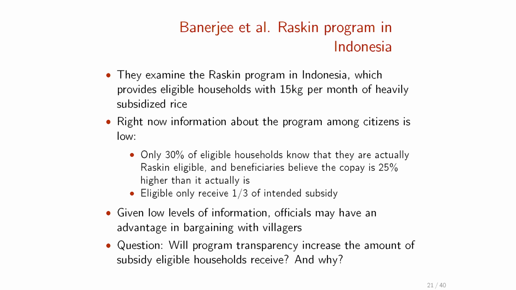As a result, the eligible people only received about a third of the intended subsidy, between the fact that some of them don't get anything and some of them overpay for the rice. So the hypothesis of the government is that this level of misinformation may give officials an advantage in bargaining with the villagers and may lead them to basically take too much from them. And they want to try and improve program transparency.